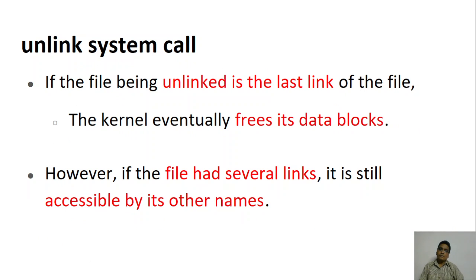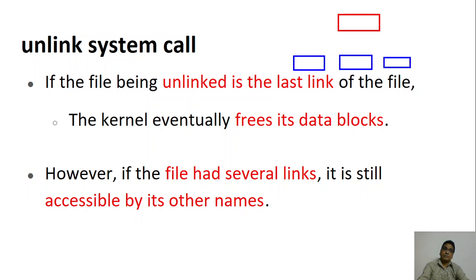As usual, when you unlink a file, its count, that is, how many link references there are, will be reduced if more than one link is available for the file. For example, if you have the original file here and then you have links for this particular file, let's assume that these are all links. I am just showing you visually.